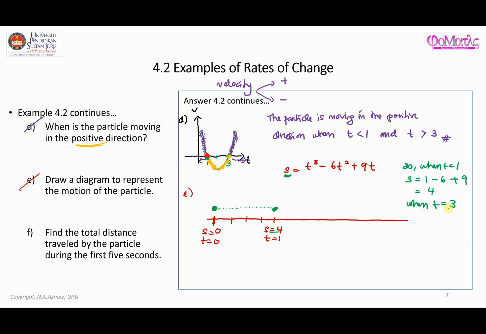Okay, so we're going to substitute 3 into this equation here. So what we have is s is going to be equal to 27 minus 6 times 9 plus 27. Okay, so 27 plus 27 is 54 minus 54, the distance is going to be 0 meters.